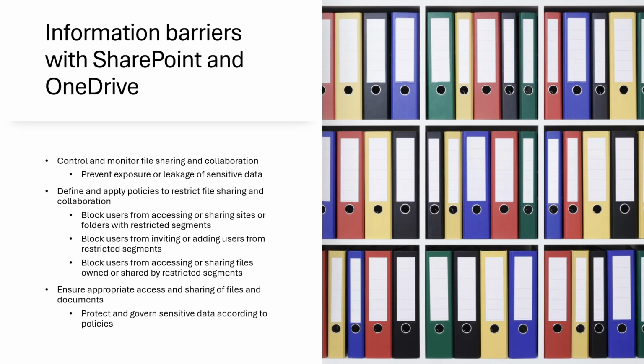Also, within legal firms, barriers can ensure that cases handled by different teams remain confidential, preventing any accidental data leaks that could compromise the privacy of the client or the firm's integrity. Now, similarly, government or public sector entities can use information barriers to segment information between various departments, ensuring that sensitive information does not get shared inappropriately.